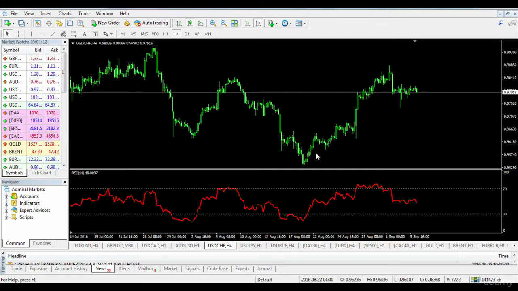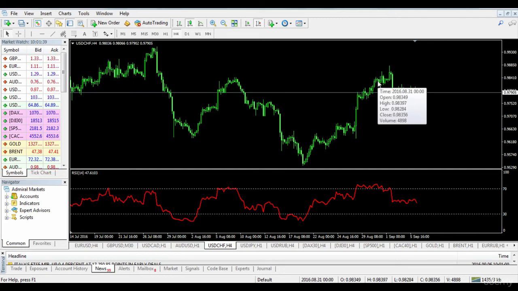Secondly, when RSI enters the overbought zone, it says that soon there could be a price reversal, but it often happens that the indicator remains in the overbought zone for a long time at almost the same level, while the price in that time achieves huge growth.